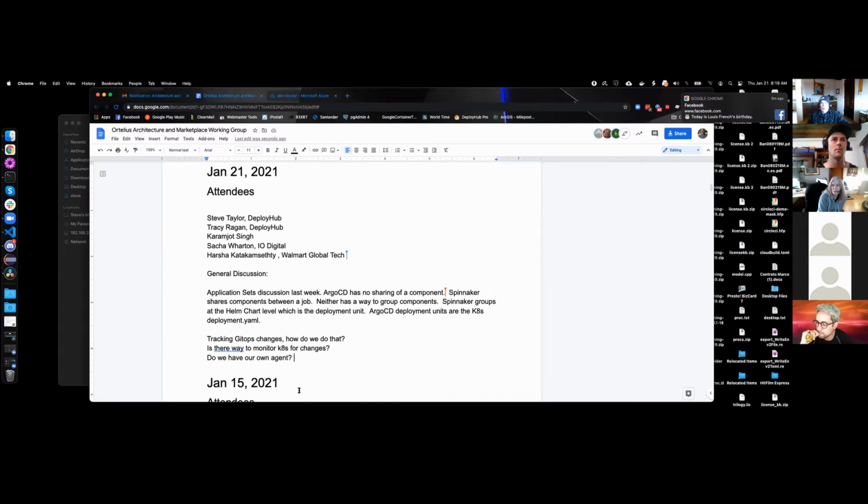So one of the things I've been thinking is if we get notified that there was a change to the cluster, we can do some Kubernetes calls.